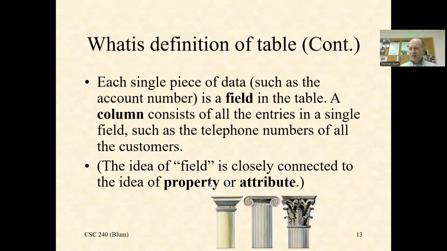So again, in this two-dimensional picture of it, like if it were an Excel spreadsheet or something, all the phone numbers would line up in a column. So there would be a phone number field. All the phone numbers would correspond to a column, and you also see it referred to as property and attribute. So again, lots of overlapping vocabulary here.